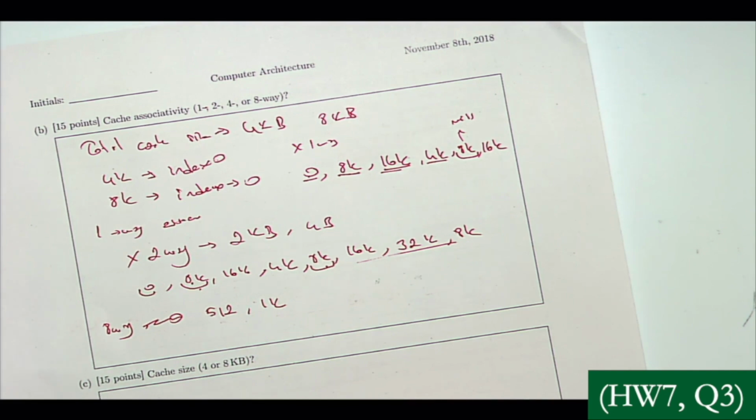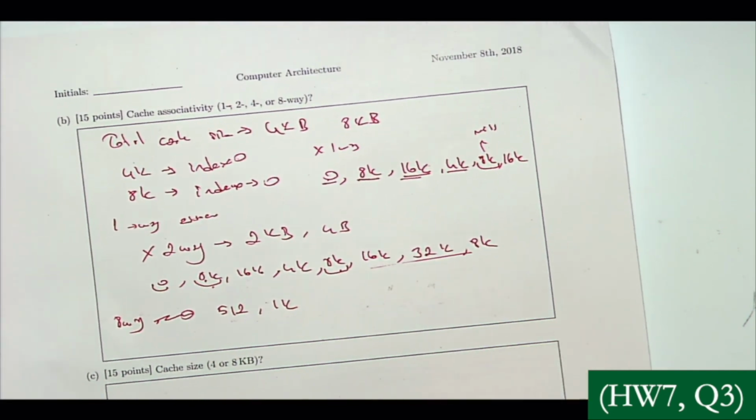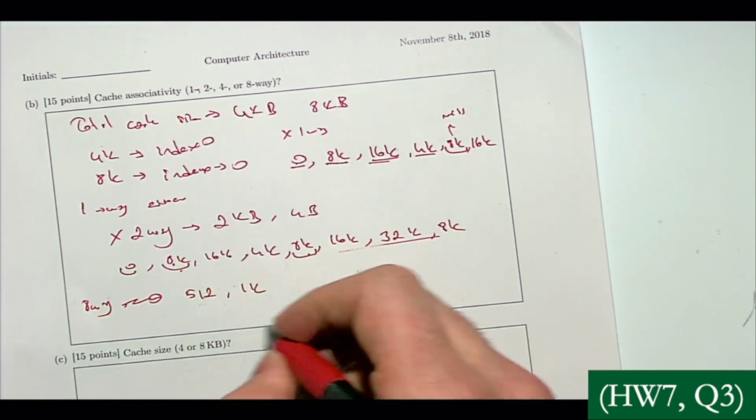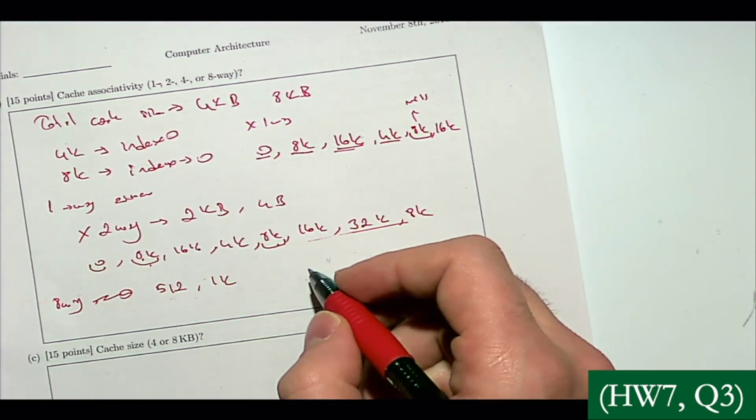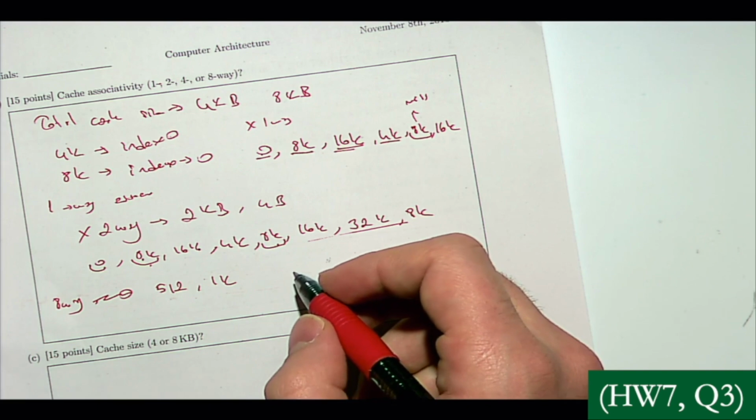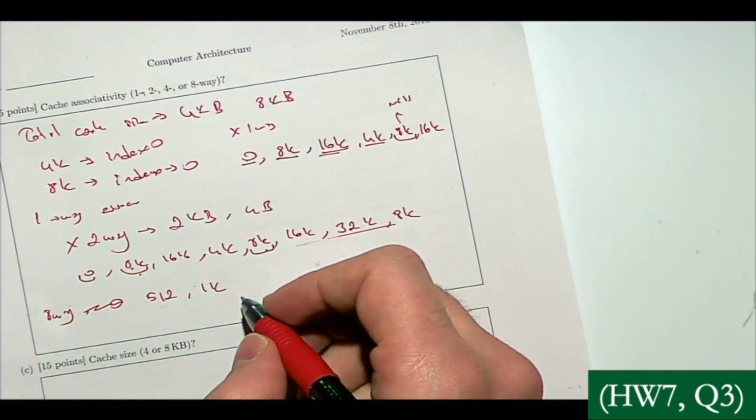But basically, we don't know it yet. So each way is 512 or 1K. Given this, I'm going to write, again, all the accesses that are multiples of 512.